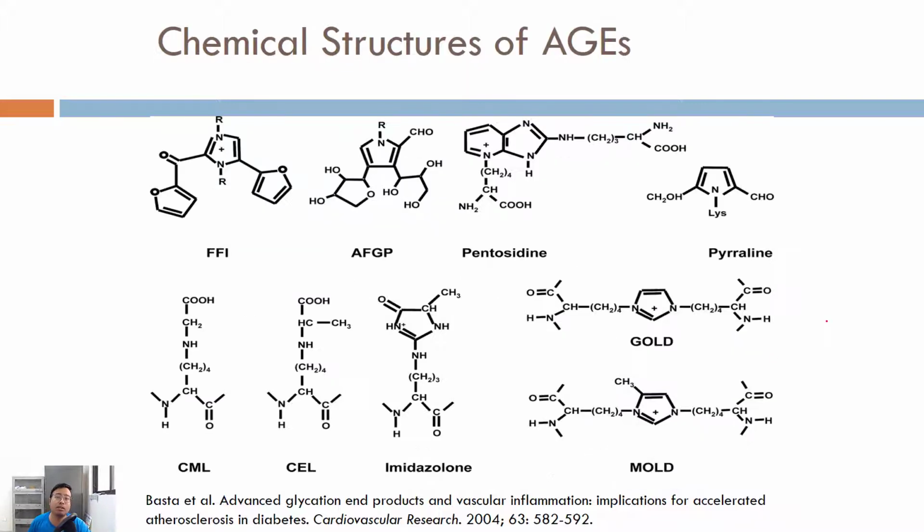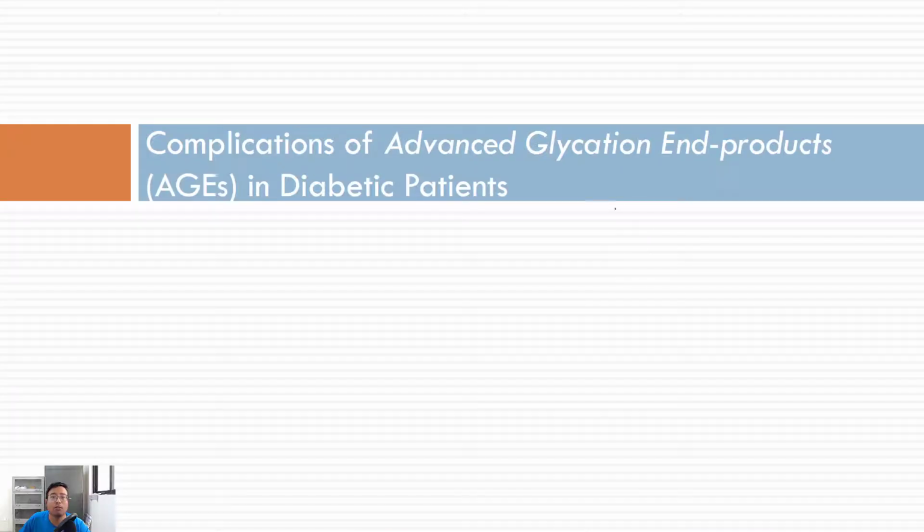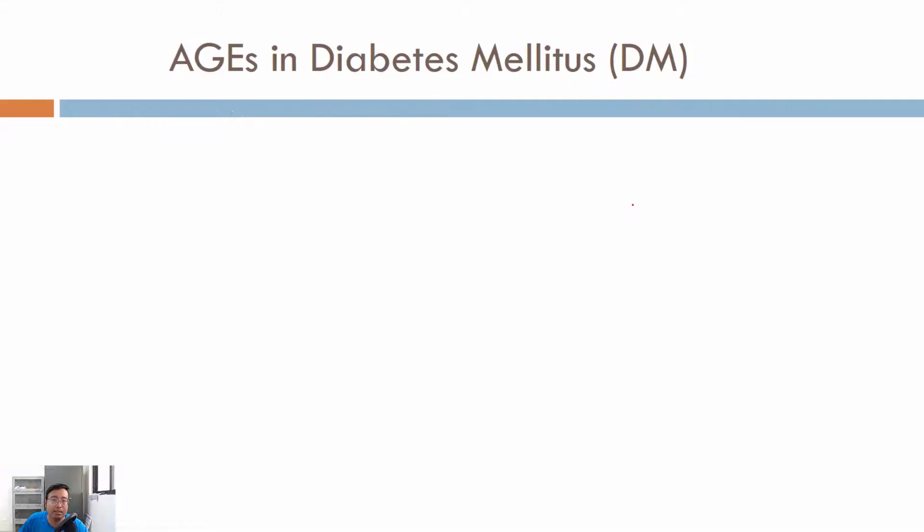We don't need to know the names or the structures in detail, unless we are into drug development, where we need these ligands for docking, first on an artificial platform, before we can actually go into drug development. Anyway, moving along, what are the complications of AGEs in diabetic patients?